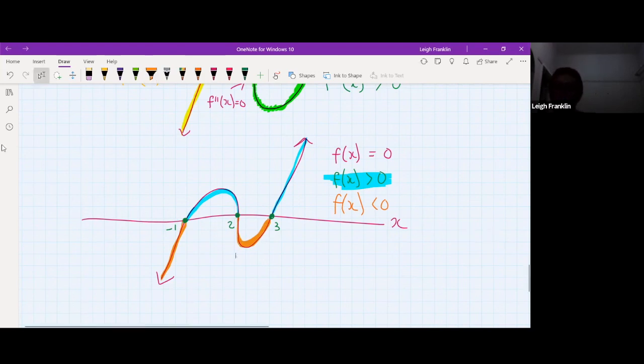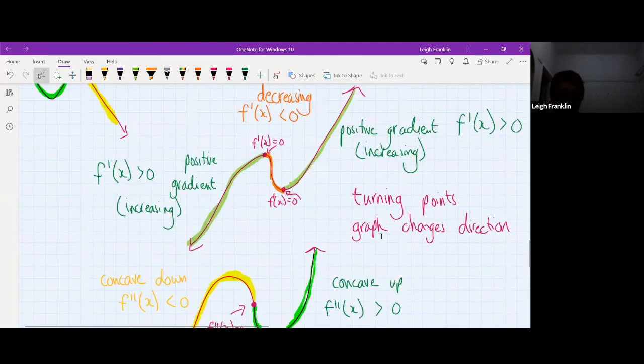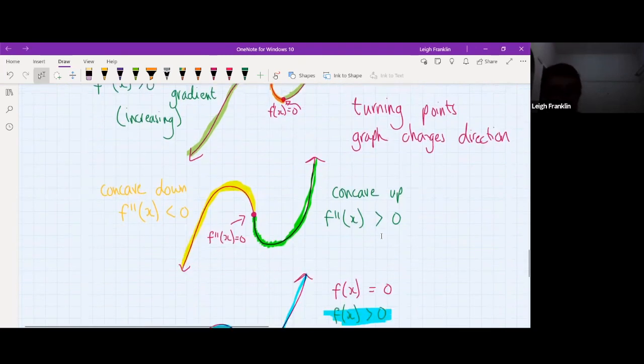Okay, so you can look at your graph in terms of 3 things: y output, which is the last situation, or the first derivative, gradient at a point, or last of all, concavity.